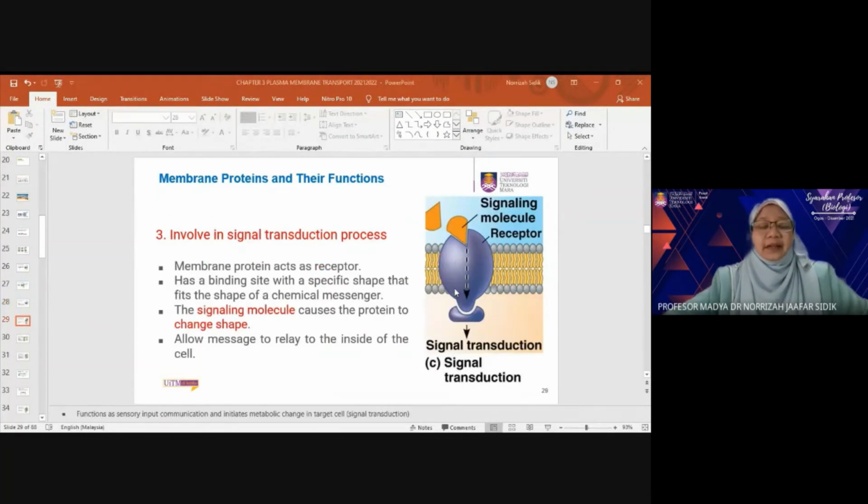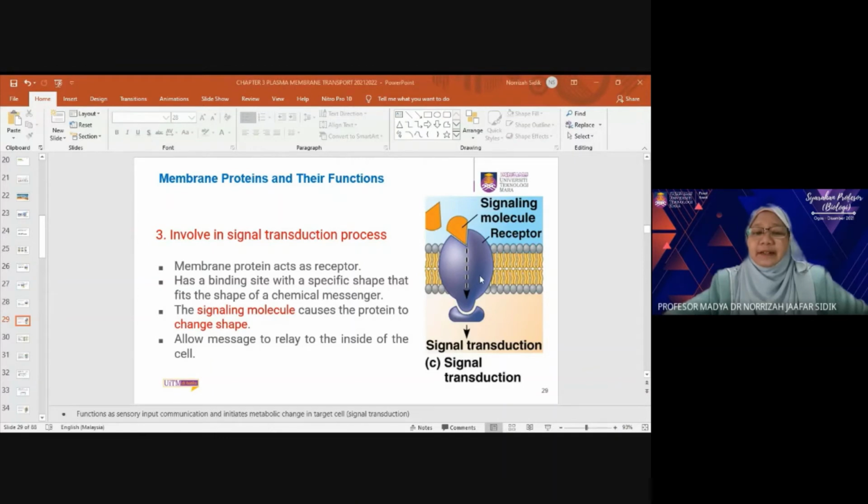Another function is involvement in the signal transduction process. Signal transduction refers to the movement of a signal from outside the cell, resulting in a change in the state of the cell. You can see here there is a receptor at the membrane protein.